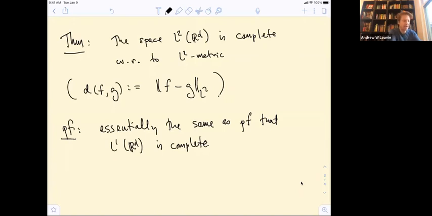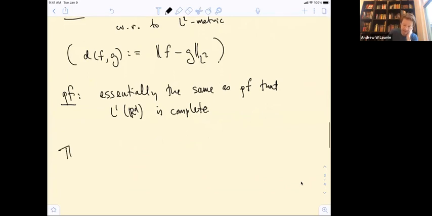The next property is called separability. For this, I'm going to hand over the lecture to Michael. Let me just state the theorem that Michael is going to discuss and prove: L2 of R^d is separable.